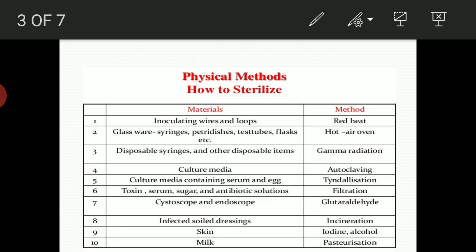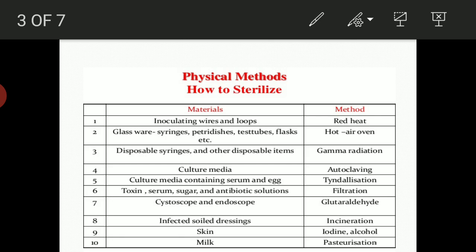Now I am going to explain the wet heat sterilization. Wet heat or steam is a more efficient method and is preferred in sterilizing the media used for culturing microorganisms.